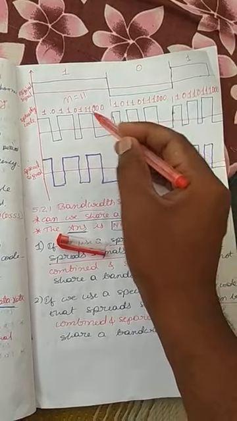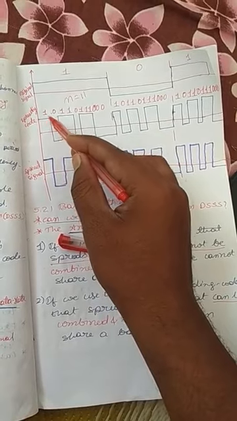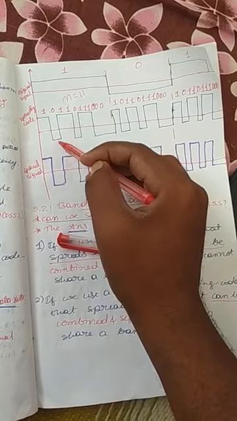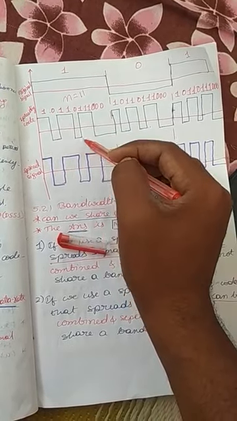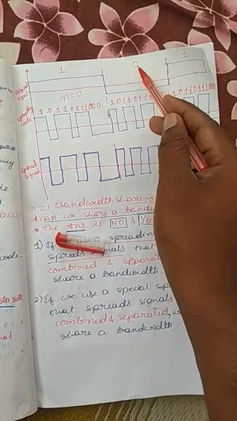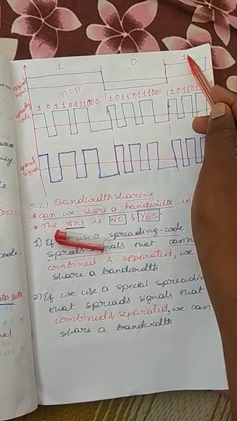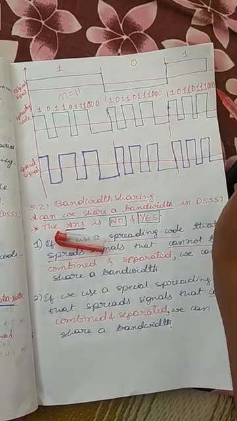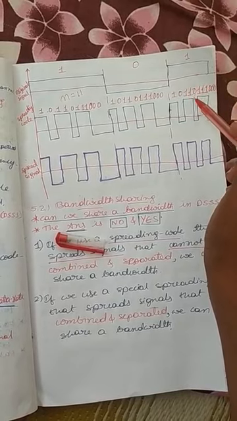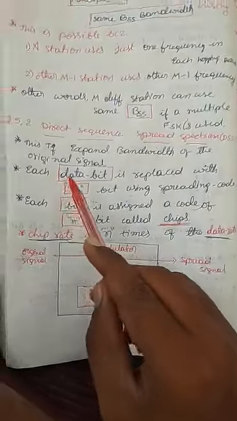This is the polar NRZ line coding technique. Here also 0 is replaced by 11 bits. Here 1 bit is replaced by 11 bits. This is the meaning of this.